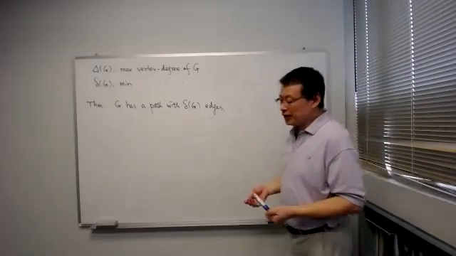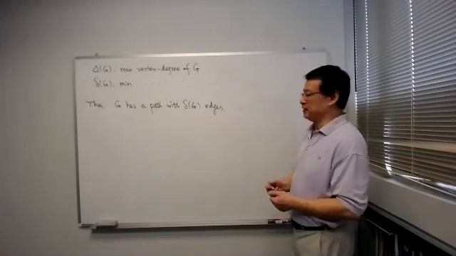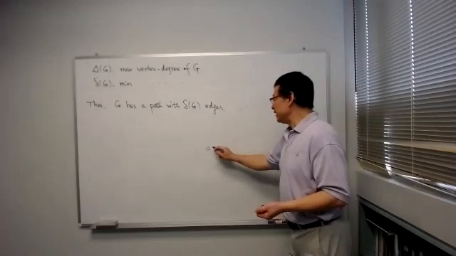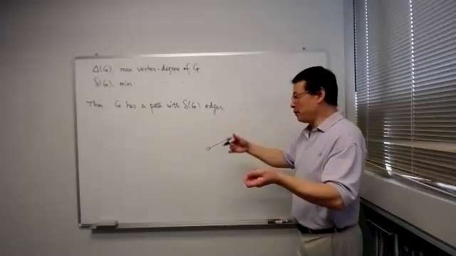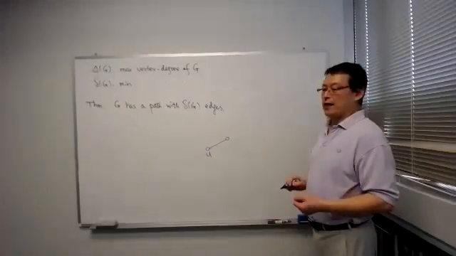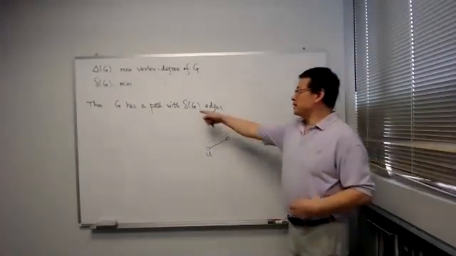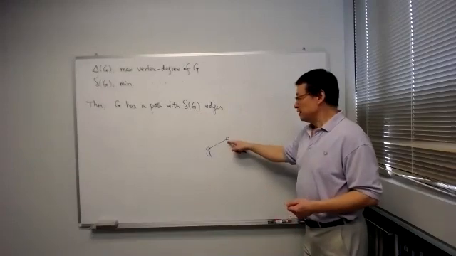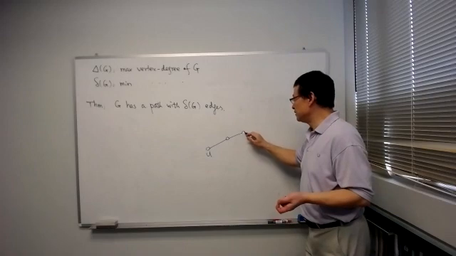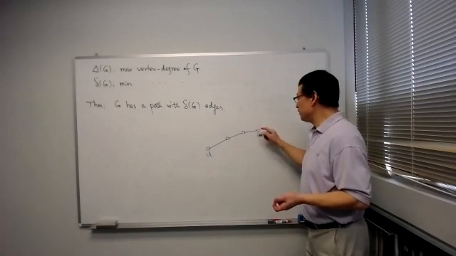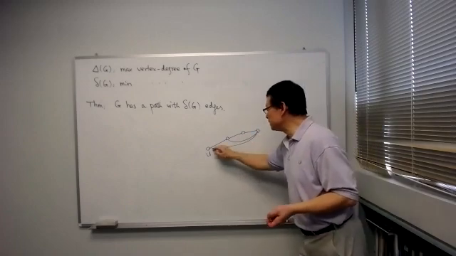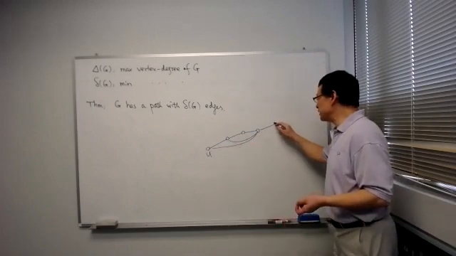So of course, intuitively, we have to understand what's going on. What's going on is I can start with a vertex. All right. Now just draw a path from this vertex. All right. So because the minimum degree is at least delta, if the degree is smaller than delta, I can keep on growing. Keep on growing.